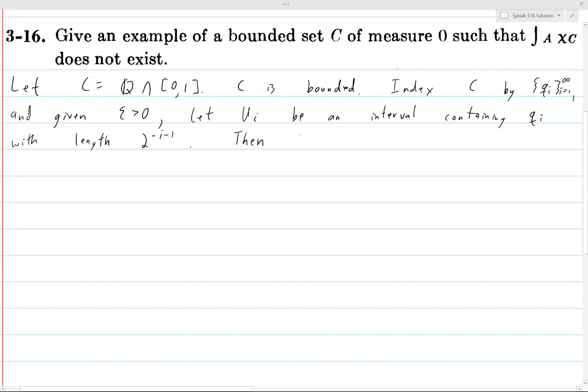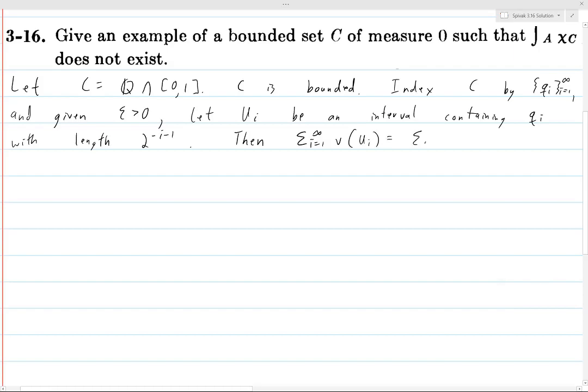Then we take the sum from i equals 1 to infinity of the volumes of the ui's.